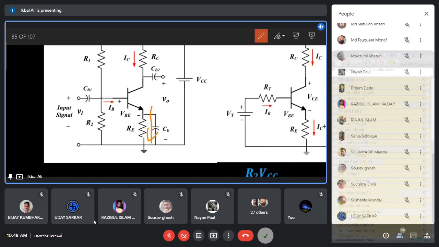Now, if due to the fluctuations of the temperature, suppose the temperature increases the collector current slightly. You know that this will increase the collector saturation current, ICO, because it is a thermally generated current.